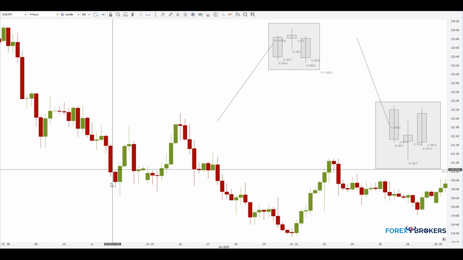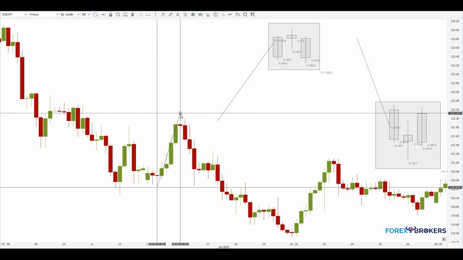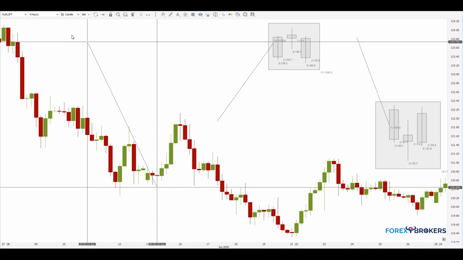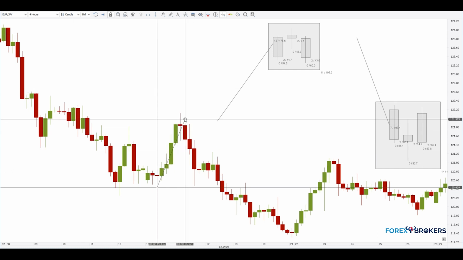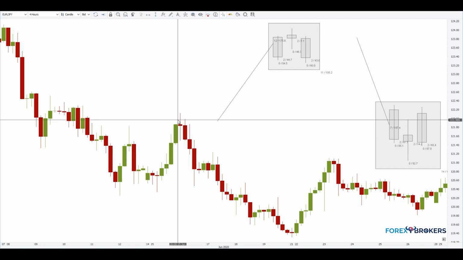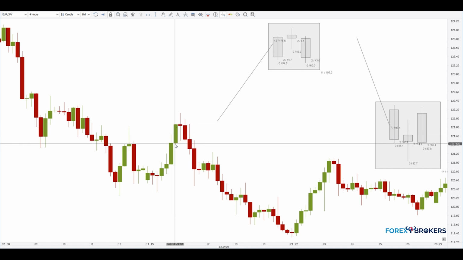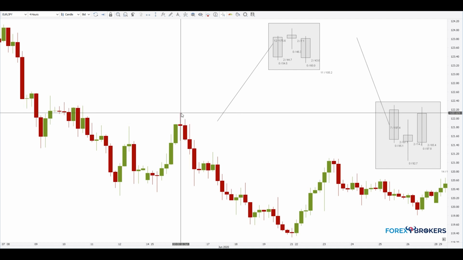Plus, there is no bullish trend. This is more of a bullish trend if you want. The market travels to the upside for an entire week. This is the 4-hour chart, not for an entire week, but anyway, it is a bullish trend. And then at one point in time, it forms one candlestick with a strong real body, a little lower shadow, little upper shadow, another candlestick with a very small real body.